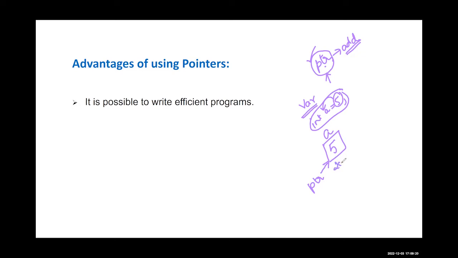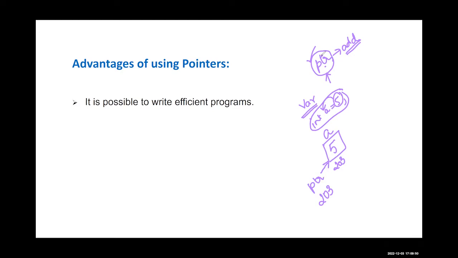For example, if 203 is the address, that is the value my pointer is going to store. Okay, so we are going to learn them in detail. Just a basic introduction I'm giving you here. So just remember that a pointer is a variable like a regular variable, but the difference is that it always holds the address of another variable. It doesn't hold any other content; the content it holds is always the address.